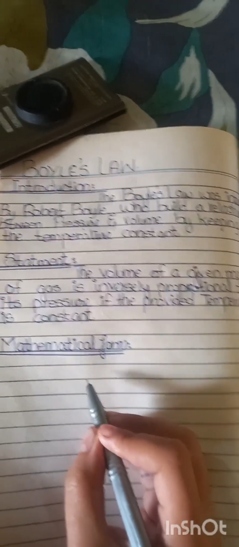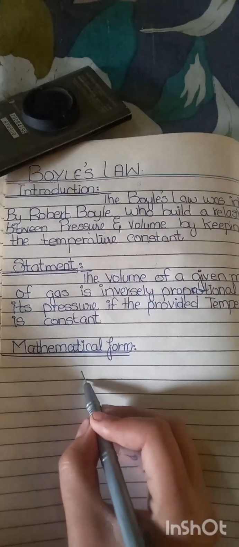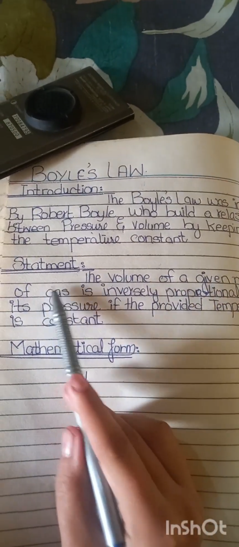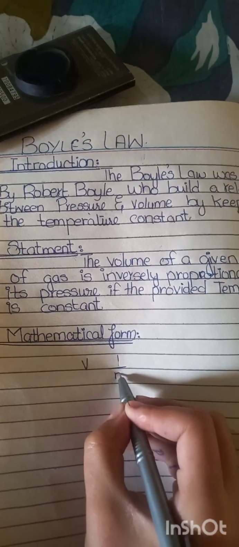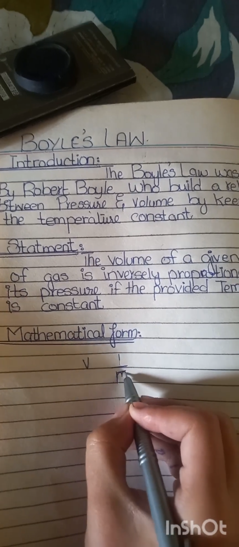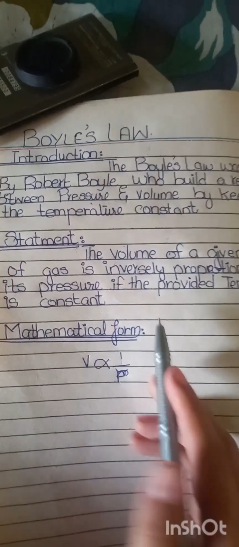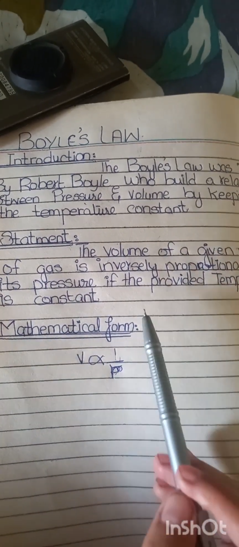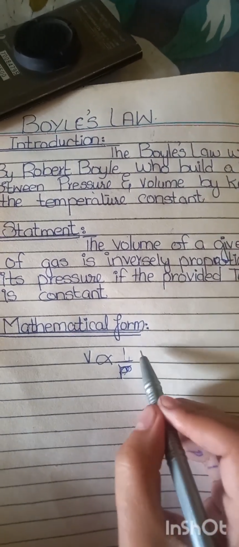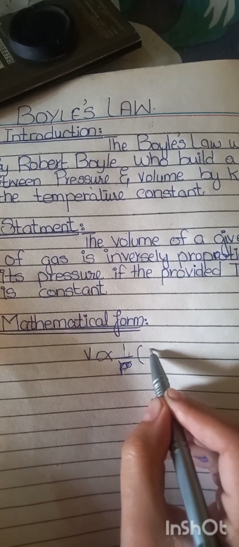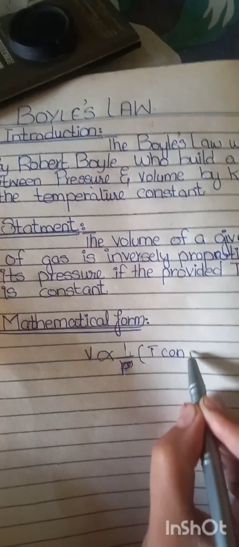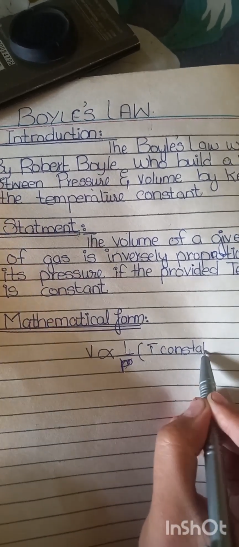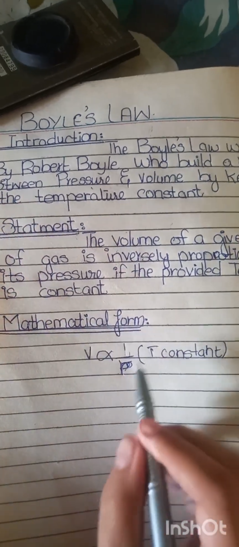Now the mathematical form. How can we write it? The volume of a given mass of gas is inversely proportional, meaning 1 over pressure, to its pressure if the temperature is constant. The proportionality sign is used here. How can you further write it?